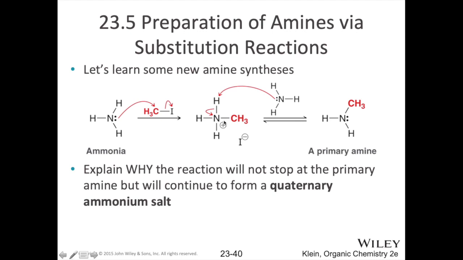Remember, you've got ammonia present as a base, so this can easily be deprotonated to the neutral amine. That being said, it's really hard to stop at just one alkyl group. You tend to get polysubstitution, and this will keep going until you have the tetraalkyl ammonium salt.